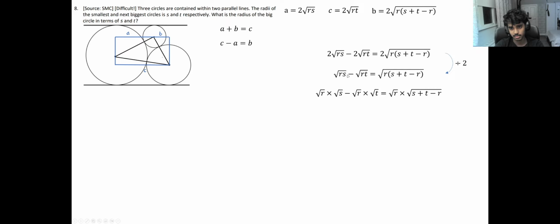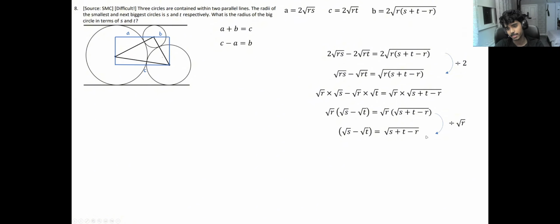So root rs is equal to root r multiplied by root s, and I can do that with all these square roots. And if you see, you have a common factor of root r, so I can just factorize the root r. Now since r has to be greater than 0 because it's the circumference of an actual circle, we can just divide by root r, and we get this equation here.